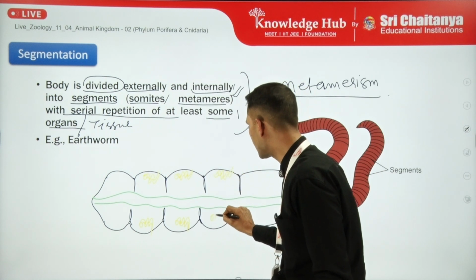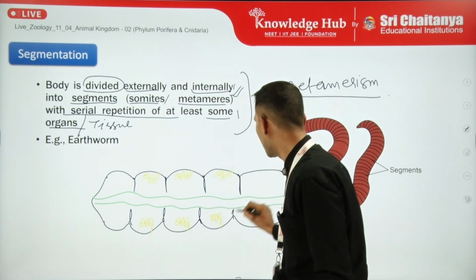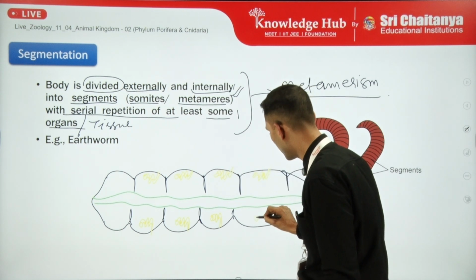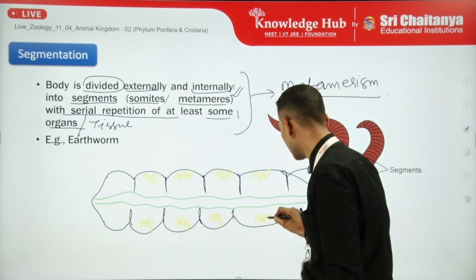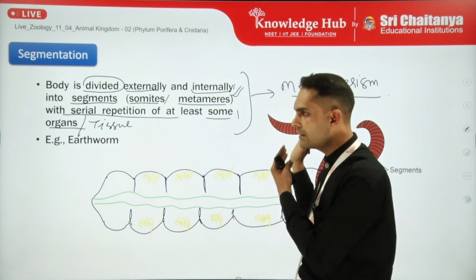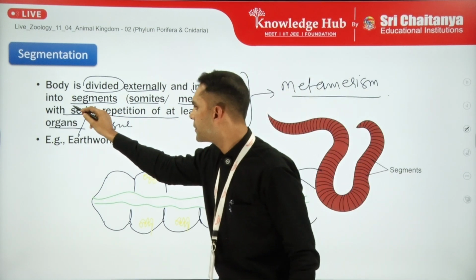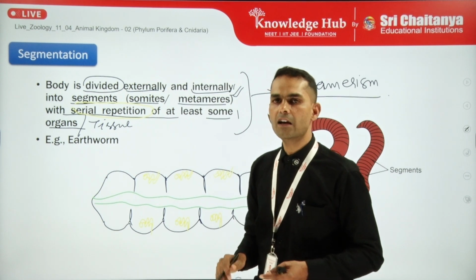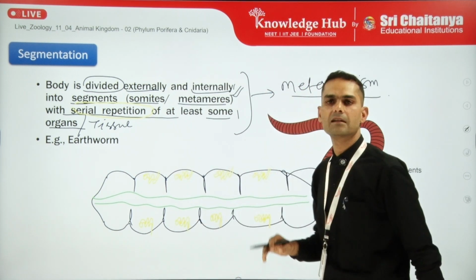Now nephridia is an excretory structure. It excretes nitrogenous waste outside the body through its pore. So for example, these nephridia are distributed in each segment, so the serial repetition condition will also get fulfilled, right? So this particular condition is called metamerism.